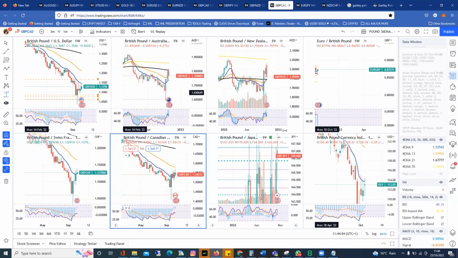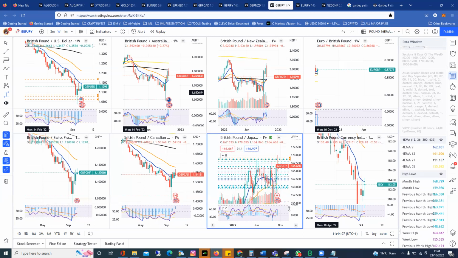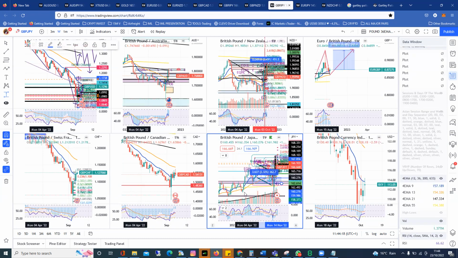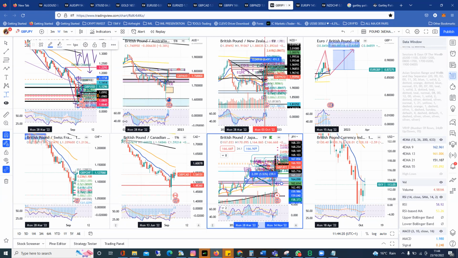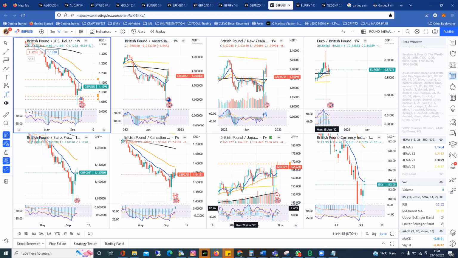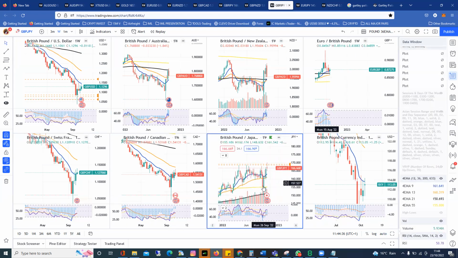Sorry about that. What we can see again is the British pound, in line with the trend, is for price to continue to move up.